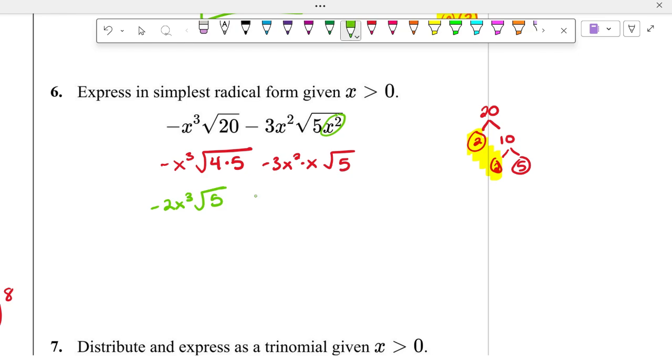So that would be negative 3x to the what? Cubed square root of 5. Now I got the same radicand, so I can add the two coefficients. So my final answer is going to contain the square root of 5. So what goes in front of it? Negative 5x cubed.